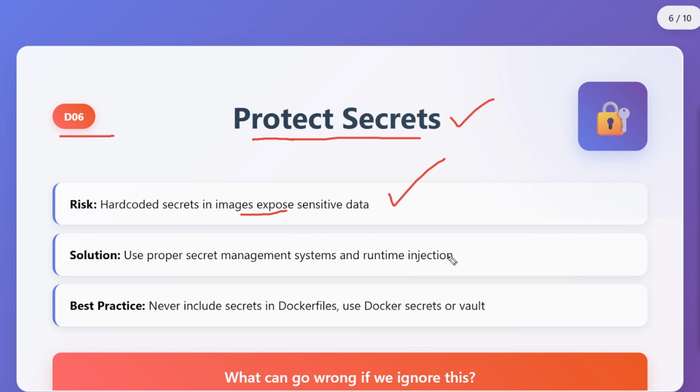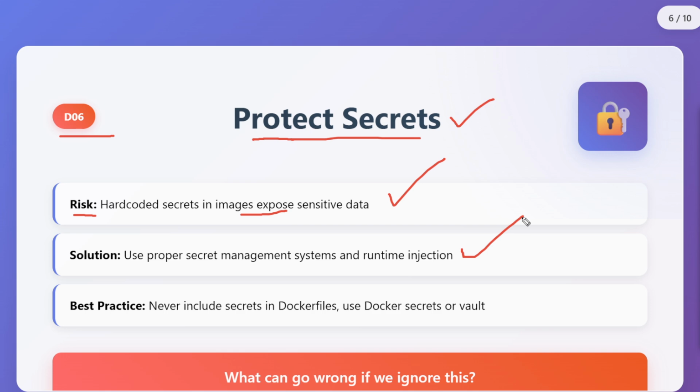To explain more: if you have embedded passwords, API keys, or tokens directly in a Dockerfile or image, they are obviously visible to anyone who pulls or inspects that image. So this basically leads to data breaches or unauthorized access, right? So that is the associated risk here.